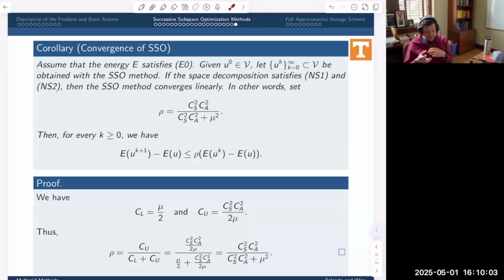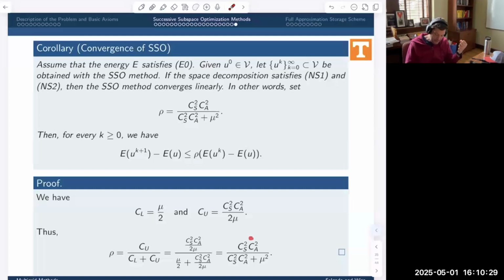Once I know that I have the upper bound on corrections and the lower bound on corrections, then we use our little lemma to put these things together. We find that we have a convergence, and the convergence rate rho is, first of all, strictly greater than 0 and strictly less than 1, which is what we required.